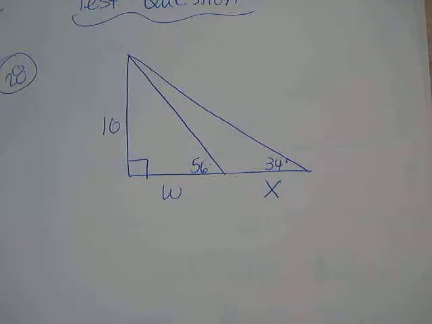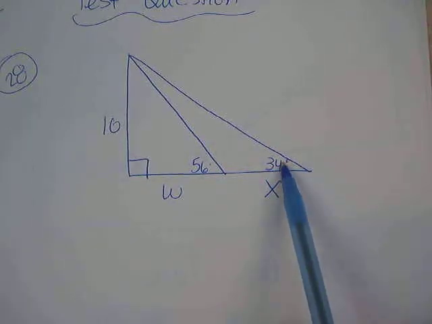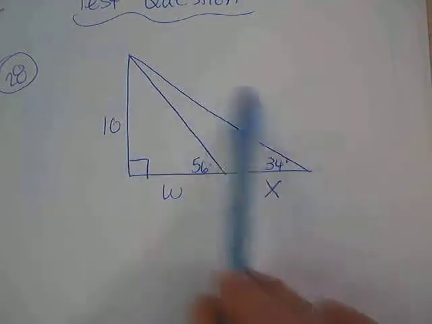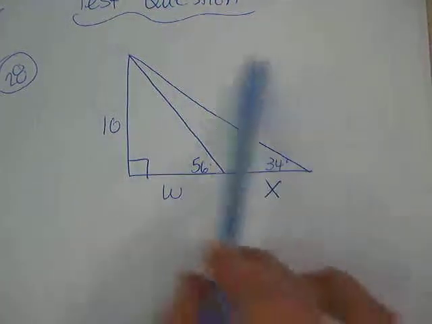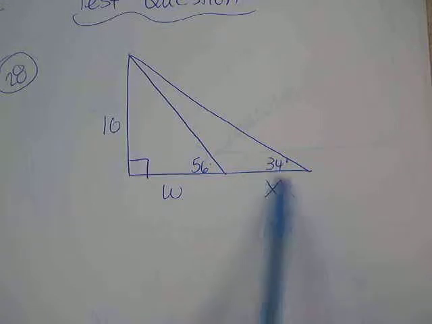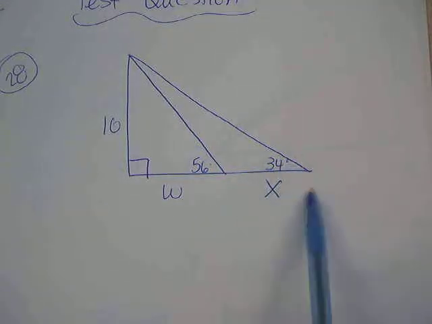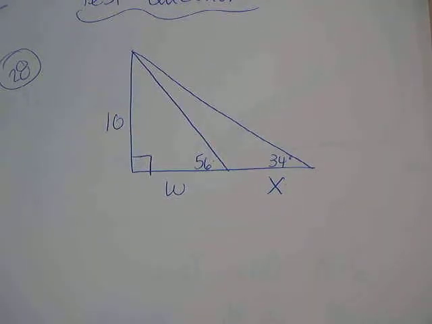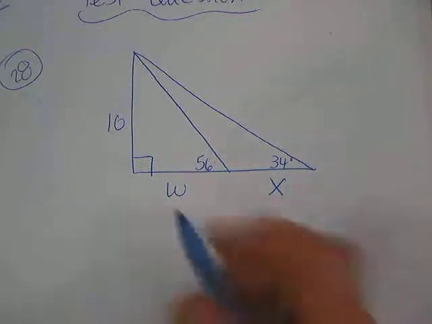All right, what people usually do wrong with this one is they use tan 34 as if this were a right triangle, okay? If you're using tan 34, you can only use it with a right triangle. You're not going to be able to find x with trigonometry, all right?